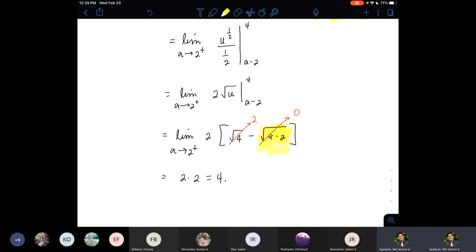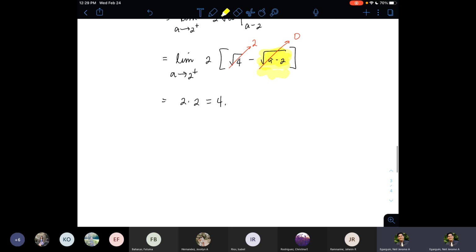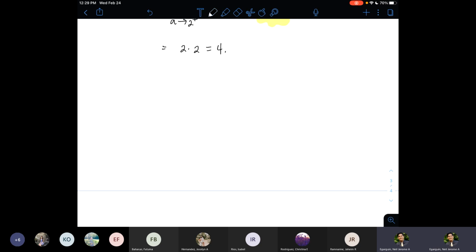So let's try another one. Probably let's try problem 23. Problem 23 is the integral from 0 to 4 of e to the root x over root x dx.